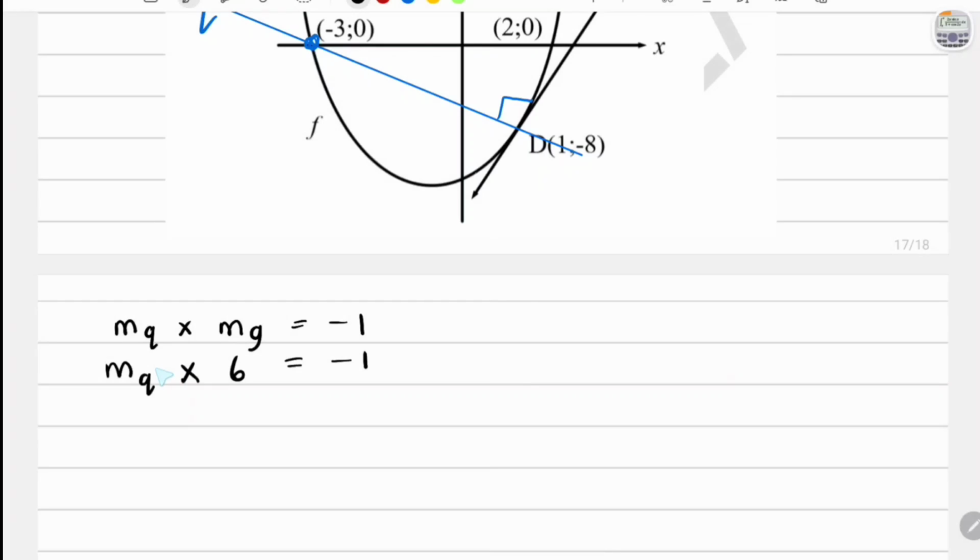We can use this equation to find the gradient of q. You just have to get rid of the 6. The 6 is being multiplied, so in order to get rid of it, you divide both sides by 6. And so the gradient of q is equal to -1 over 6.